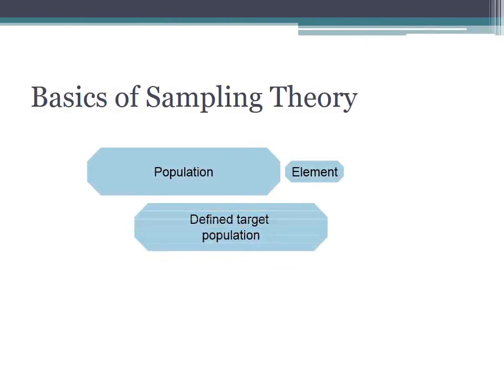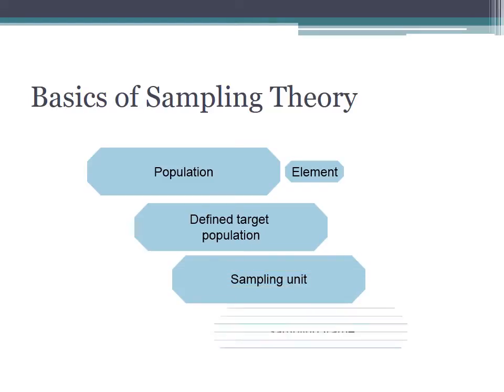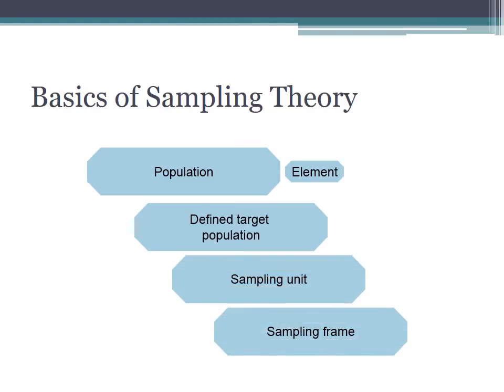All right, first one is the population. The population is an identifiable set of elements of interest to the researcher and pertinent to the information problem. So this is the entire set. So let's say if we're looking at the U.S., it would be all U.S. citizens.